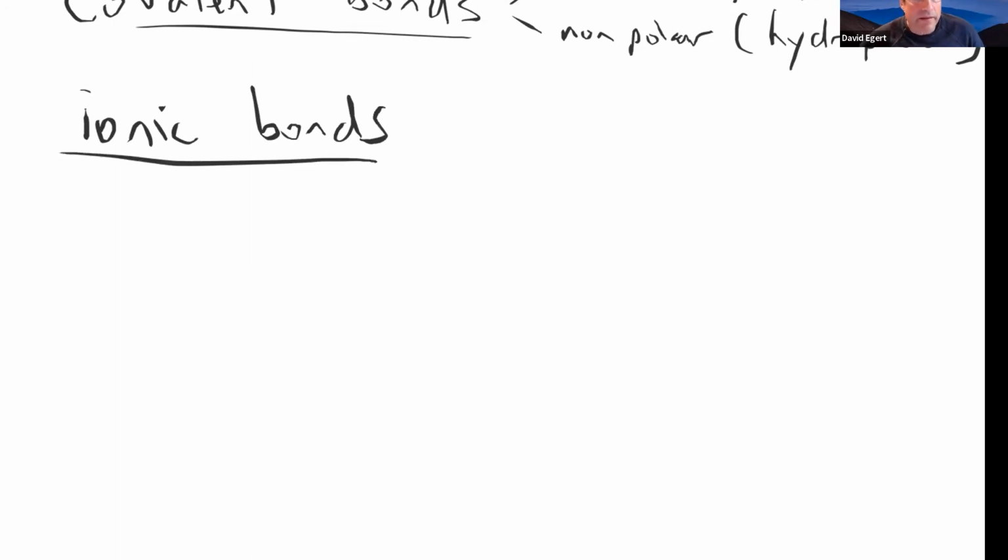And these are also a sharing of electrons. Whereas in covalent bonds there's a sharing of electrons, even if it's unequal sharing, it's still sharing, like one's holding more or less, or maybe they're both holding the same amount.